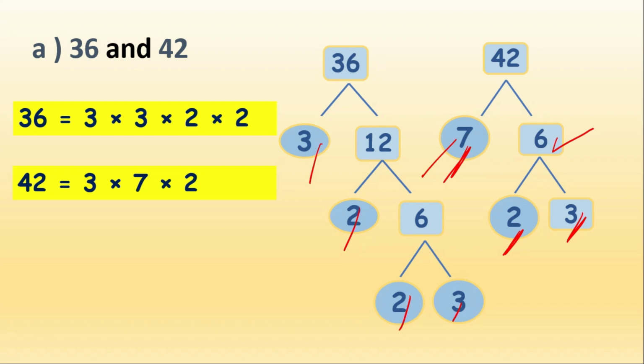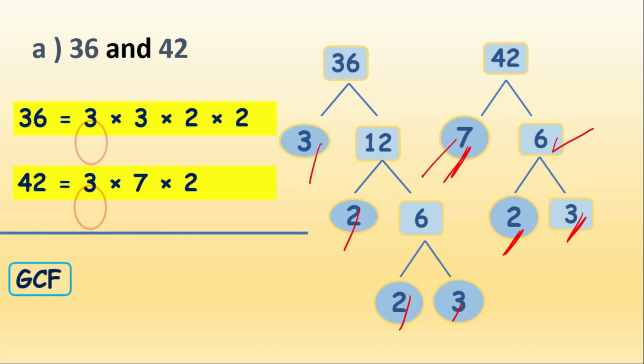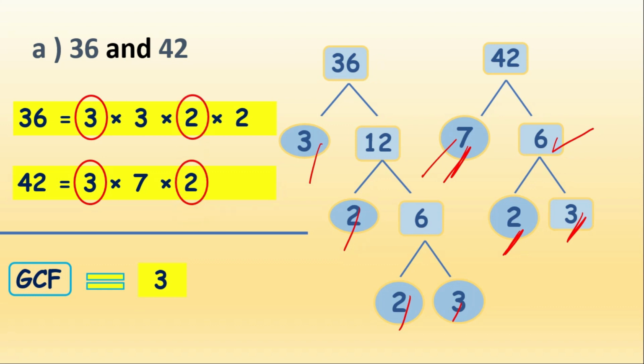Which number is repeated up and down? 3 is repeated up and down, so write 3. Which number else? 2 is repeated up and down, right? Times 2. Any other numbers repeated? No. Cancel 3, 7 and 2, and multiply 2 by 3 equals 6. So the greatest common factor is 6.